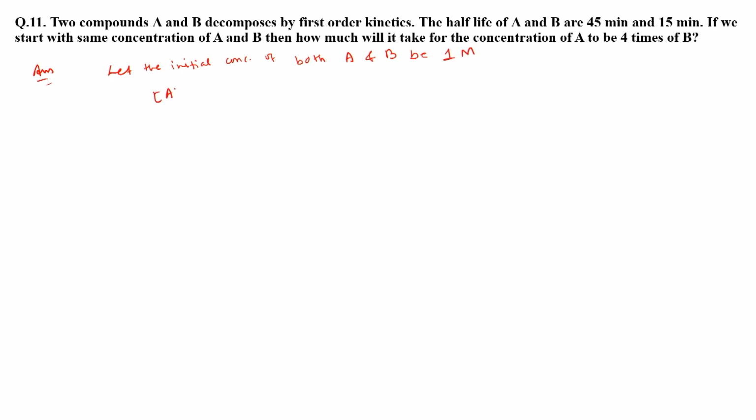Therefore, A naught is 1 molar and B naught is 1 molar. So, at time t, the concentration of A is 4 times the concentration of B. So, t is the required time at which the concentration of A will be 4 times the concentration of B.